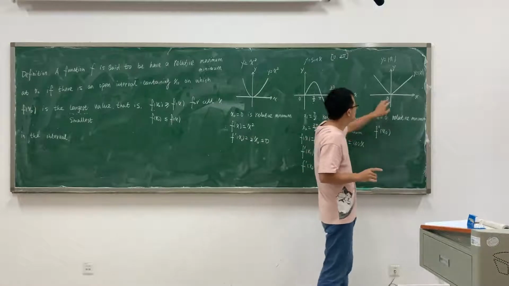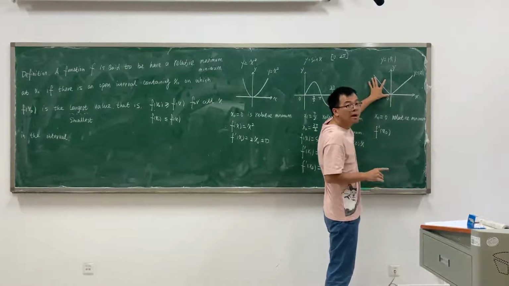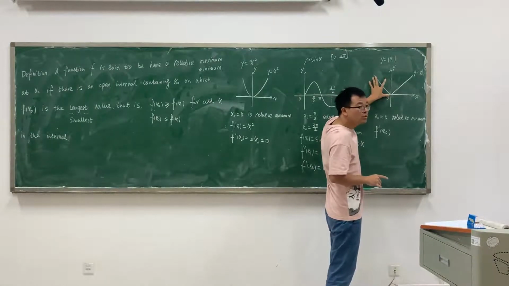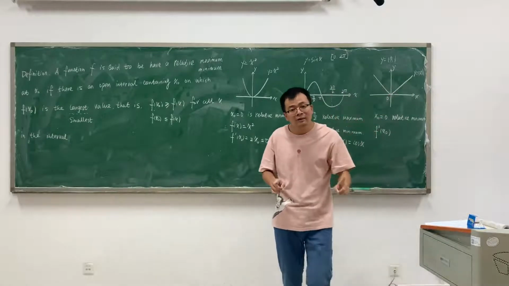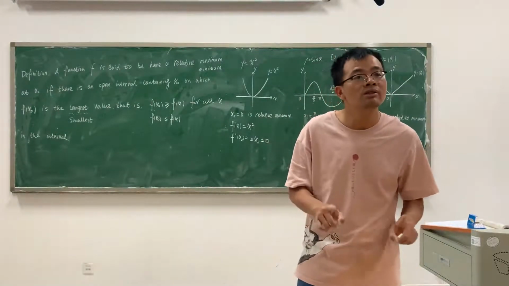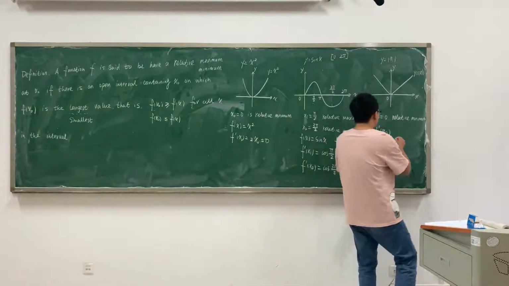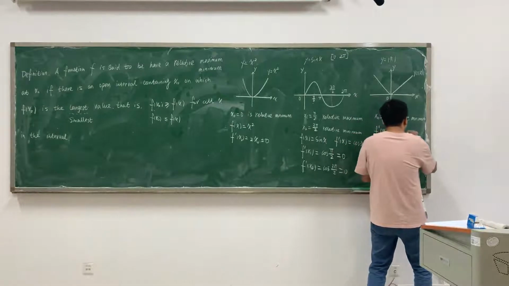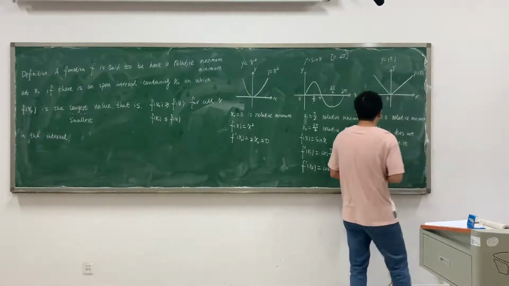Actually we can see the left derivative is minus 1. The right derivative is 1. So the left derivative is not equal to the right derivative. So it means that this derivative actually does not exist.